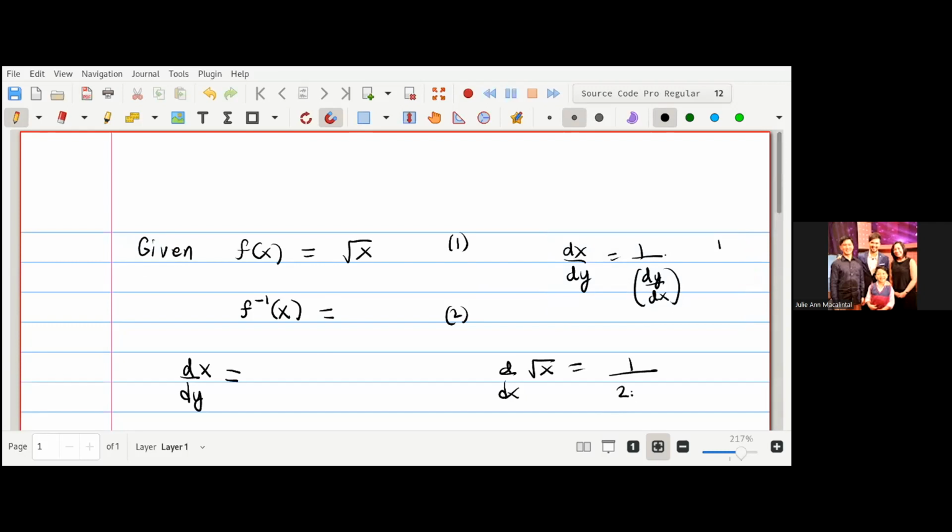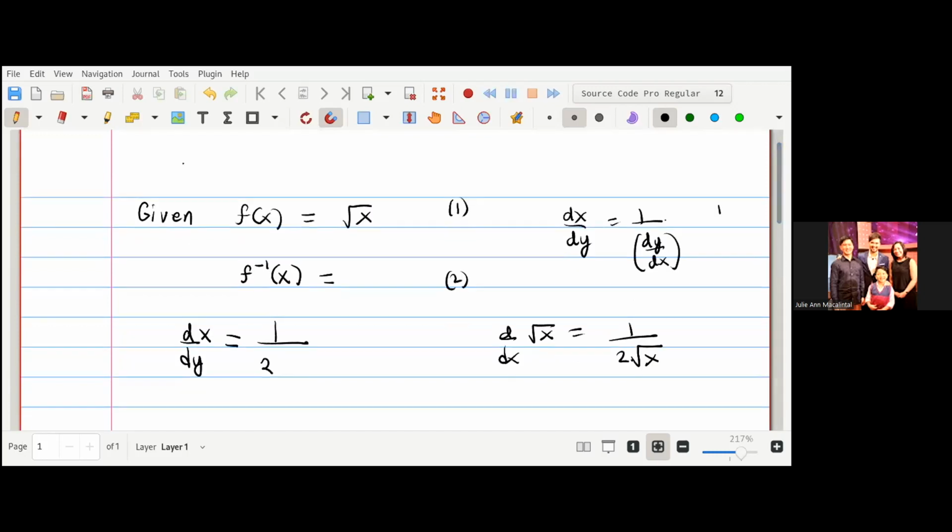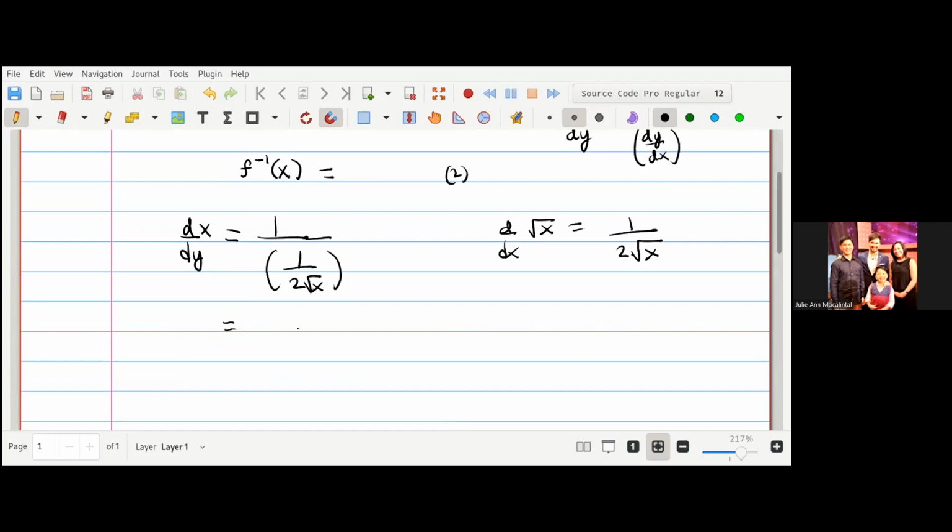Tapos nun, magkakaroon ng square root of x. Tapos yun na, no? So, what we'll get is 1 over 2 square root of x, or 2 square root of x.